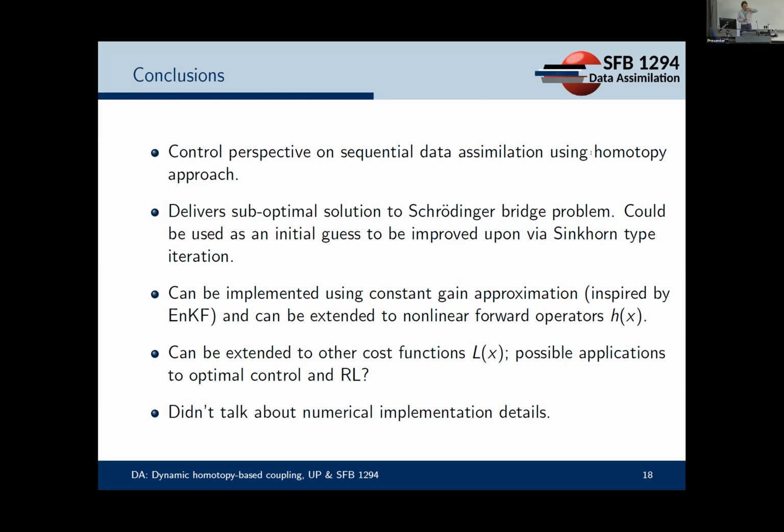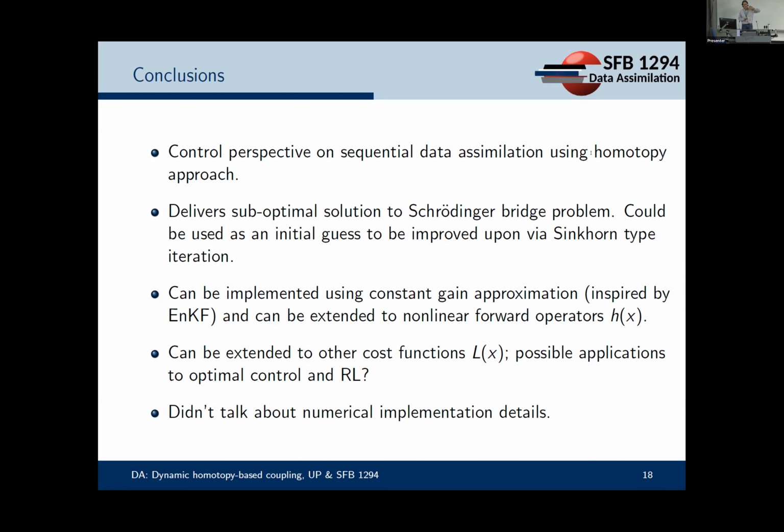Because the way I prescribed the bridge was just ad hoc, so there might be better ways of prescribing it that gets you closer to the Schrödinger solution. Of course, you could also use it as an initial guess for the Schrödinger iteration. So that would resolve this issue that you first need a good guess to get Schrödinger to kick in. I'm not sure what you really would get from that, but that's an open thing, maybe also interesting.